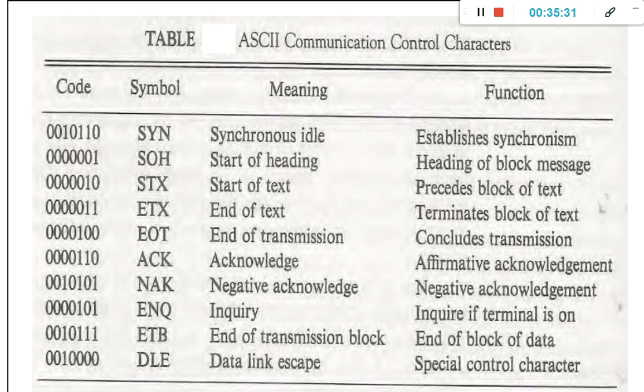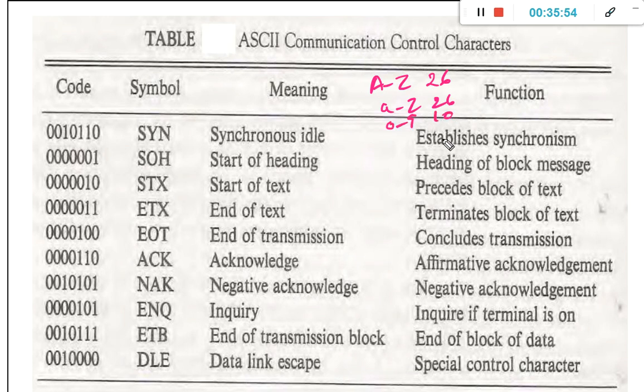We already know what is meant by ASCII. ASCII is American Standard Code for Information Interchange, which occupies 7 bits of storage. It contains capital letters A to Z of 26 characters, small letters a to z of 26 characters, and numbers 0 to 9 of 10 characters.